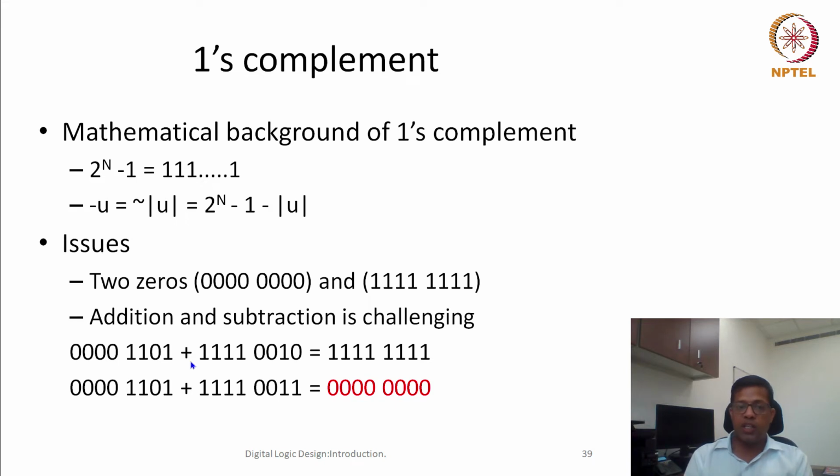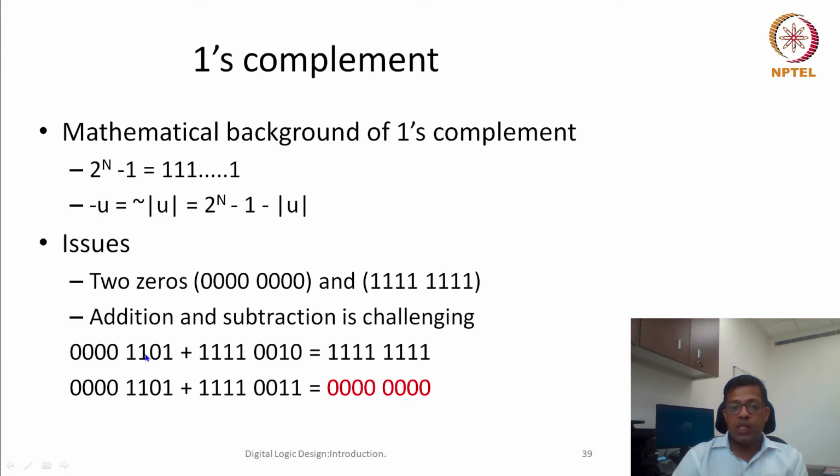So for example, here if you see, this particular number is 13, and this particular number is 1. If I invert this, it is 1101, so that means it is also 13. If I am subtracting 13, I am adding positive 13 and minus 13.